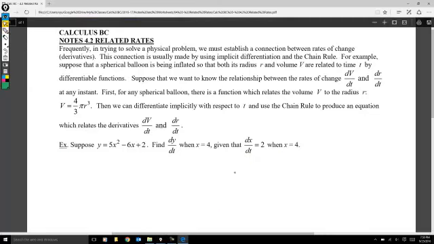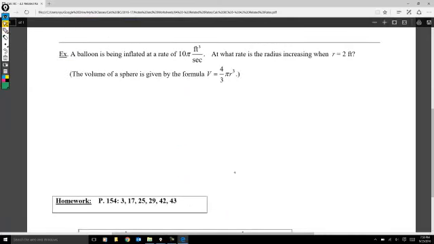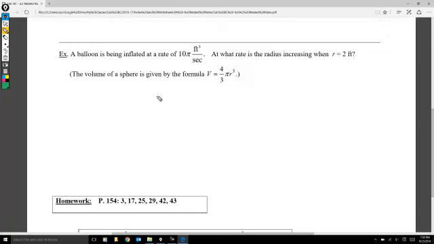Alright, let's keep going. Here's a pretty typical example of what you'll be given. We know that a balloon is being inflated at a rate of 10 pi feet cubed per second, and we want to know the rate at which the radius is increasing when r equals 2.